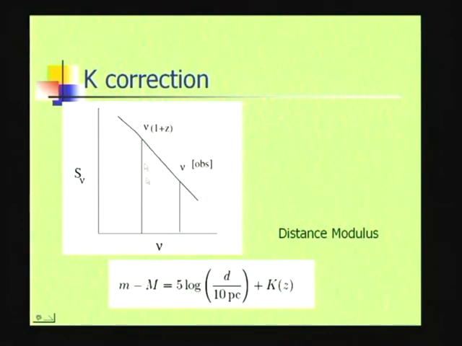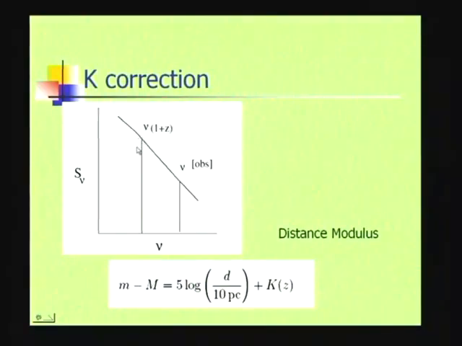So, when I talk of the intrinsic properties of the object, I will actually be referring to the intrinsic properties at this frequency in the object's frame of reference, whereas I would like to talk about the object's properties at this frequency.